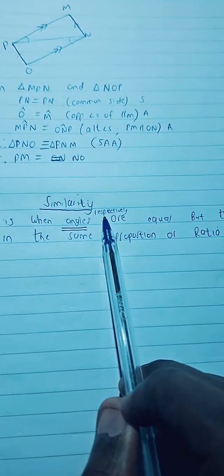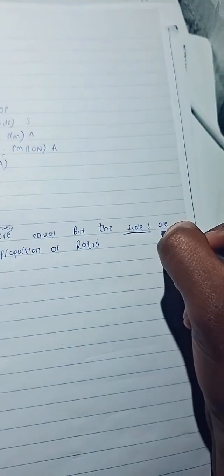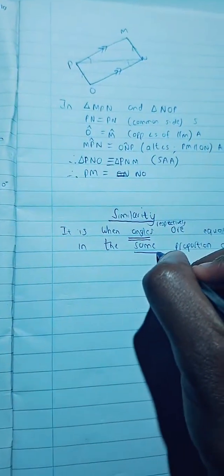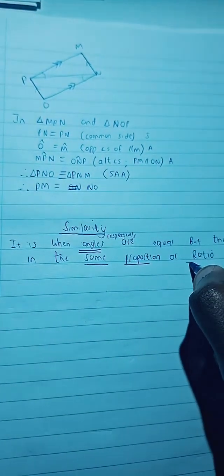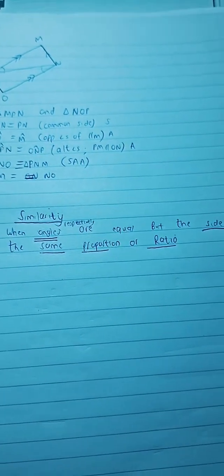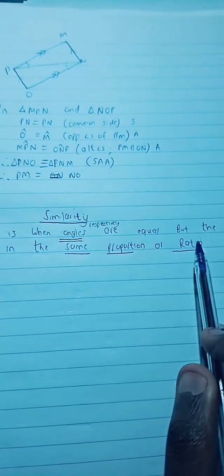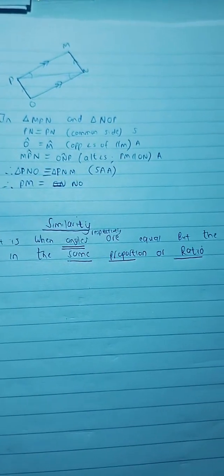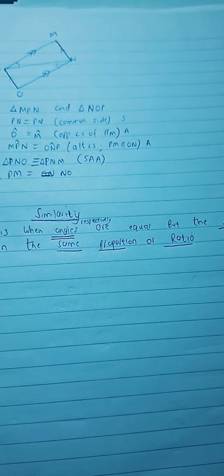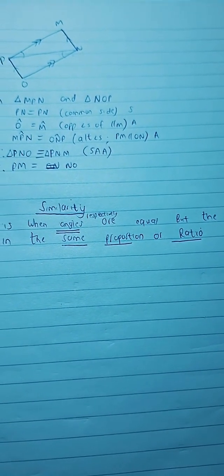So it is when angles respectively are equal, but the sides are not equal, guys. The sides are in the same proportion or ratio. I'm going to unpack this proportion or ratio because in term 1, grade 8s and 9s, you learn about ratio.